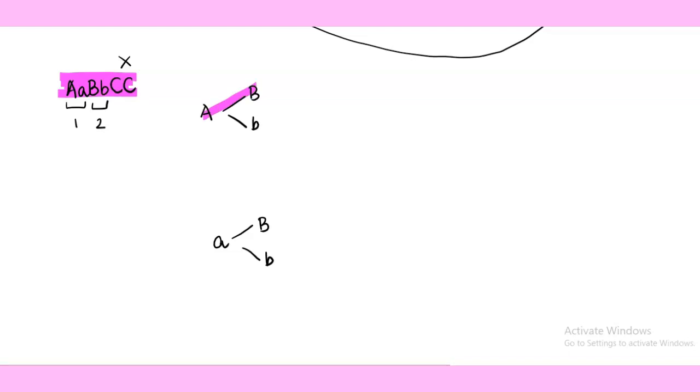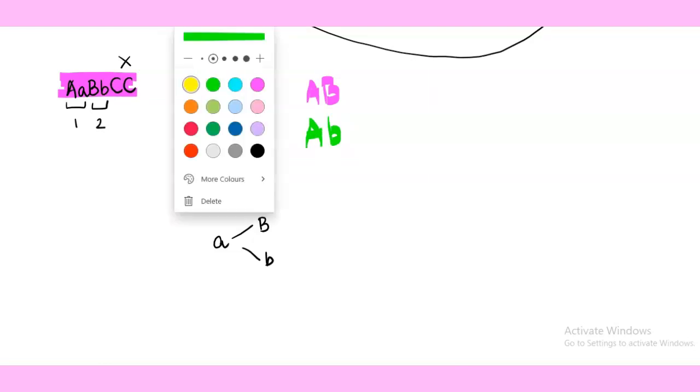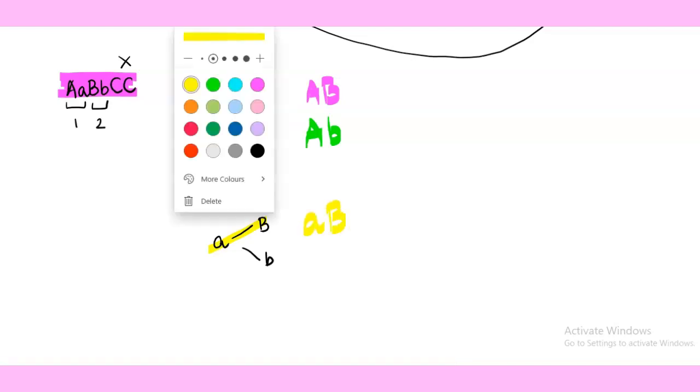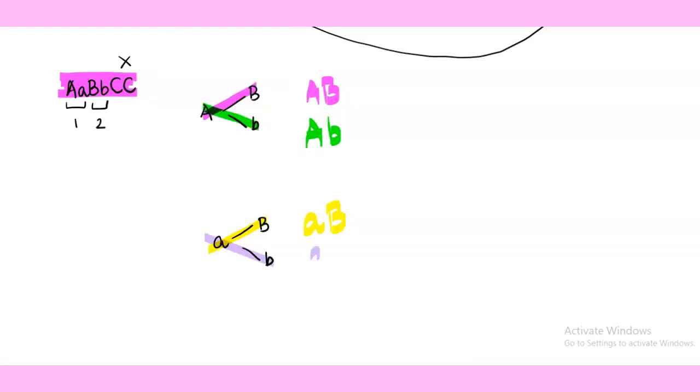We will write the gamete here, A and B. Then we will move ahead to the second combination and write like this: capital A, small b. Then in the downward region it would be small a, capital B, and then we move ahead to small a, small b.